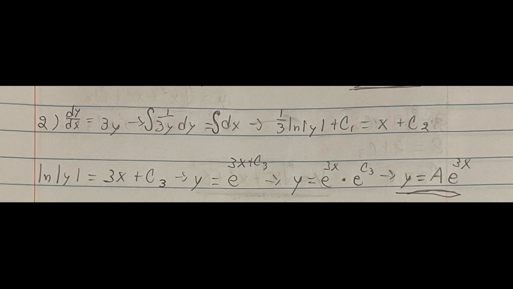And on the left side, it's just a constant times 1 over y, which gives ln y plus another constant. After that, I moved the C1 from the left side to the right side and multiplied by 3 on both sides to cancel out on the left side and leave the ln y by itself. And so I got 3x plus a third constant. And after that, I just solved for y.